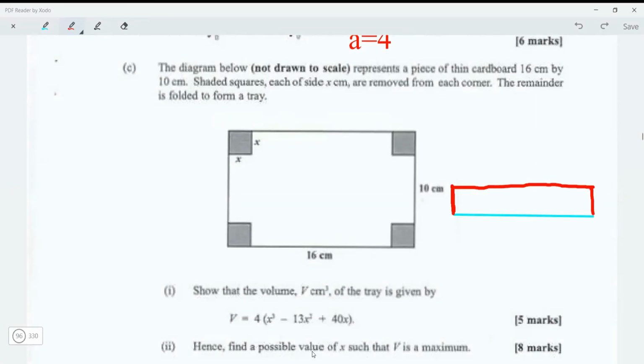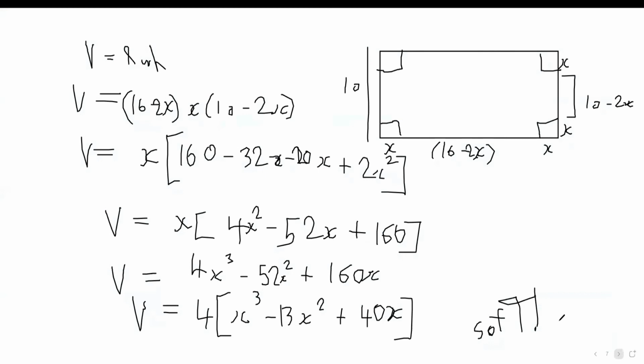They say, hence find the possible value of x such that the volume is minimum. Now, if the volume is minimum, then the first derivative is 0. Remember, in module 3 is differentiation. V min implies dV by dx equals 0.